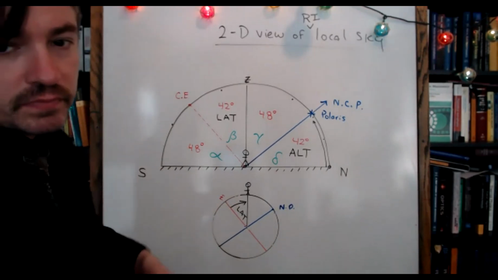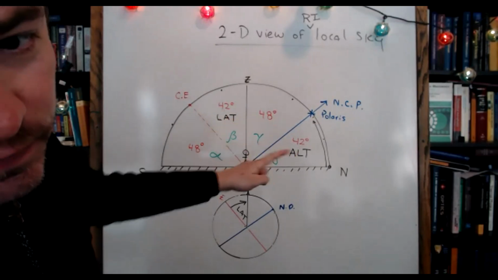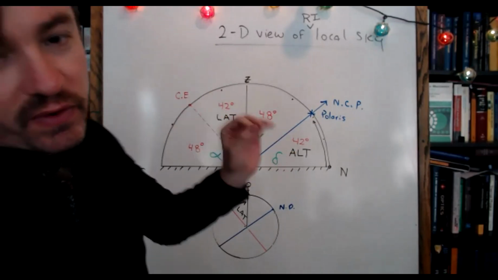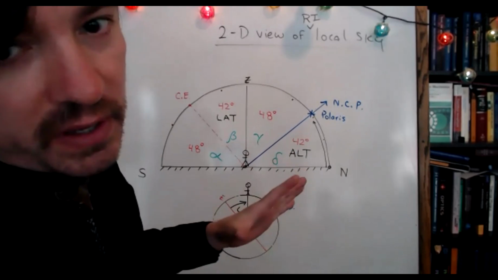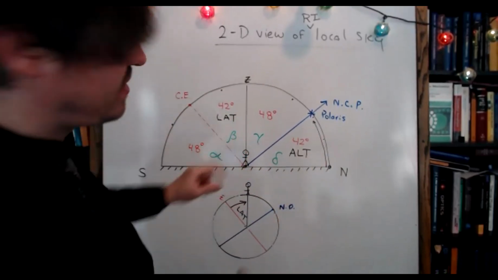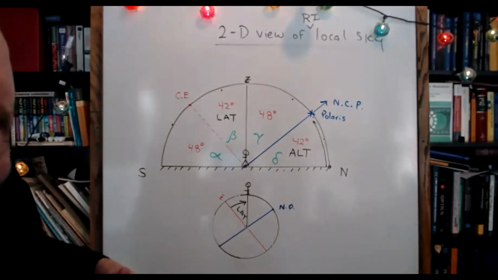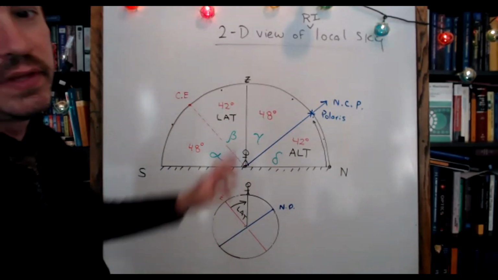Now, what's interesting is 42, 48, 42, 48. We did that for the Rhode Island local sky, right? But in general, it's always going to be true that this is a 90-degree angle, and it's always going to be true that that's a 90-degree angle no matter where you go on Earth.